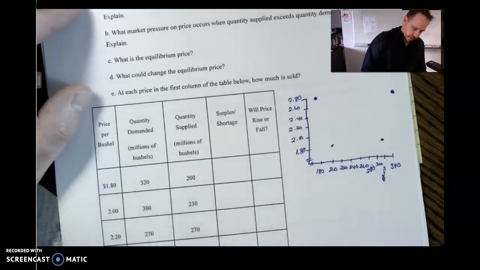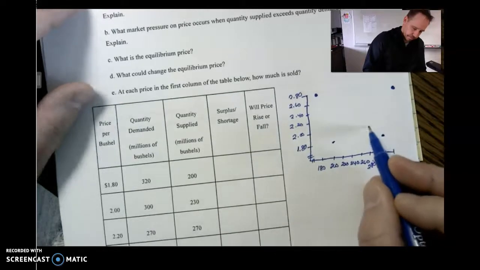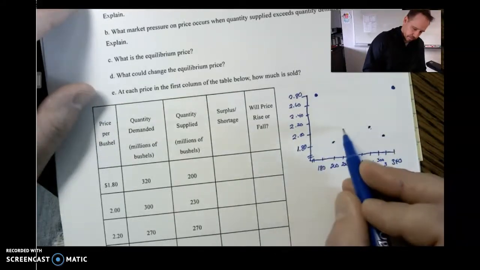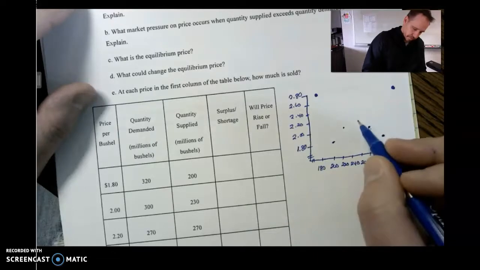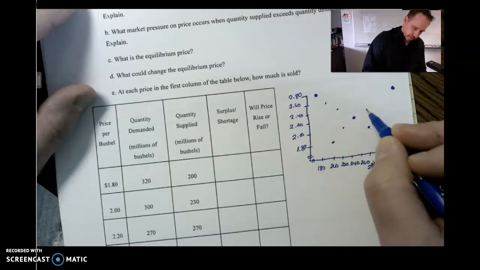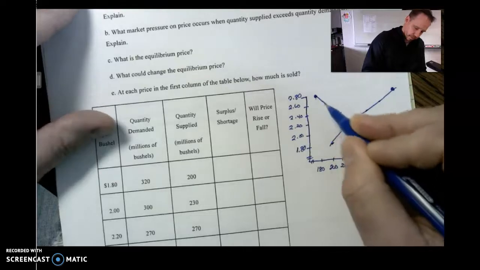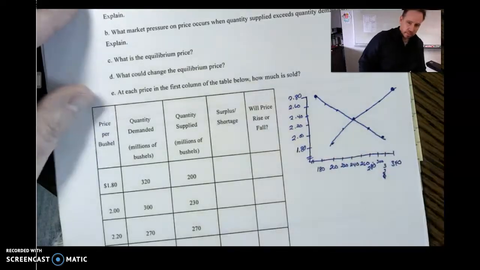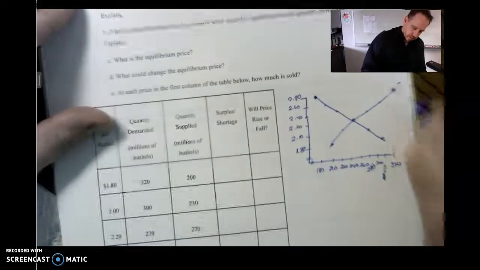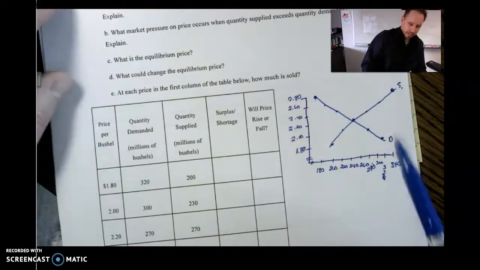And if we were to go through and graph these points, just to give us a ballpark, we're going to get something that looks relatively close to this interaction of supply and demand.